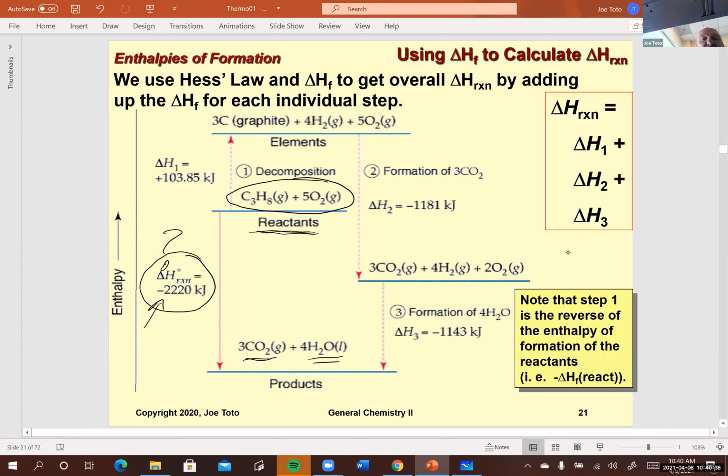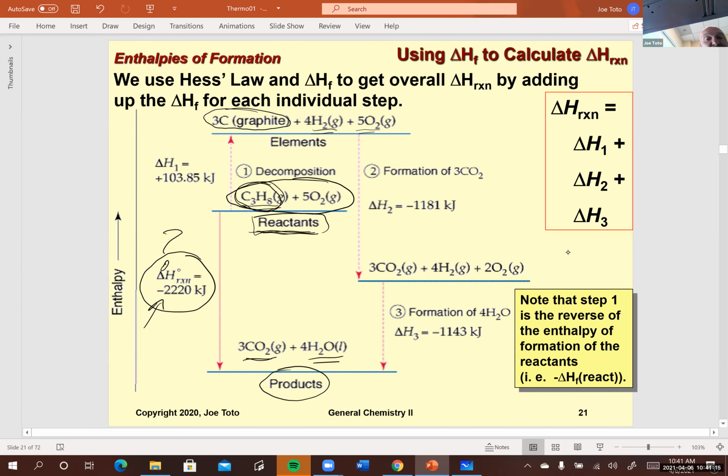Yes, there is. Instead of taking propane in a direct route from the reactants with oxygen and getting these products, what I can do is take propane and theoretically break it up into its constituent elements, which is graphite, hydrogen, and then these oxygens were there already. So this first step is the opposite of the formation of propane.